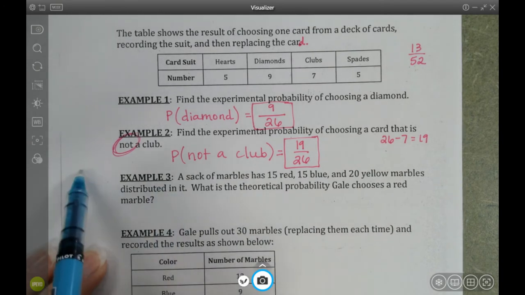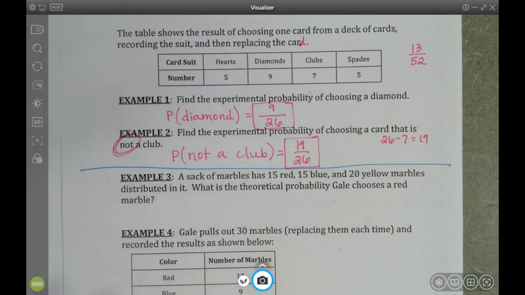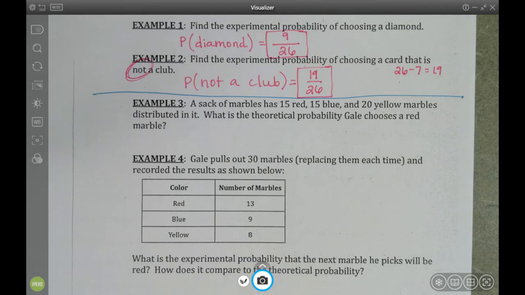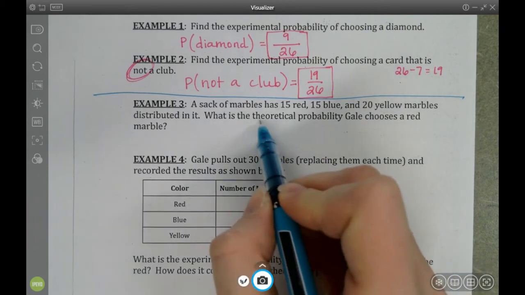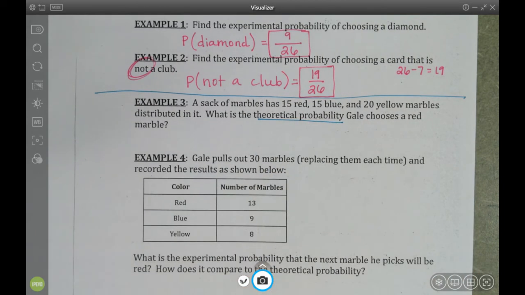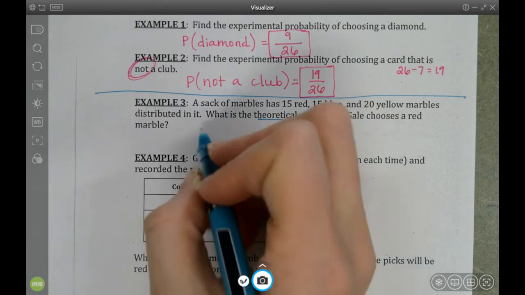Okay, now we're moving on to a different experiment. We have a sack of marbles that have 15 red, 15 blue, and 20 yellow. What's the theoretical probability that Gail chooses a red marble? So this is just in theory. There's no experiment. We're not pulling marbles. So it would be 15 out of 50.